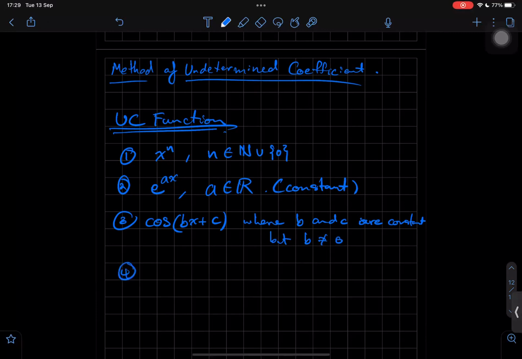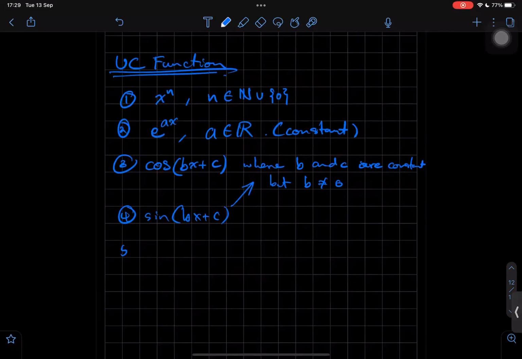And four, sine of bx plus c also. The condition is the same: b and c are constants, and b cannot be 0.